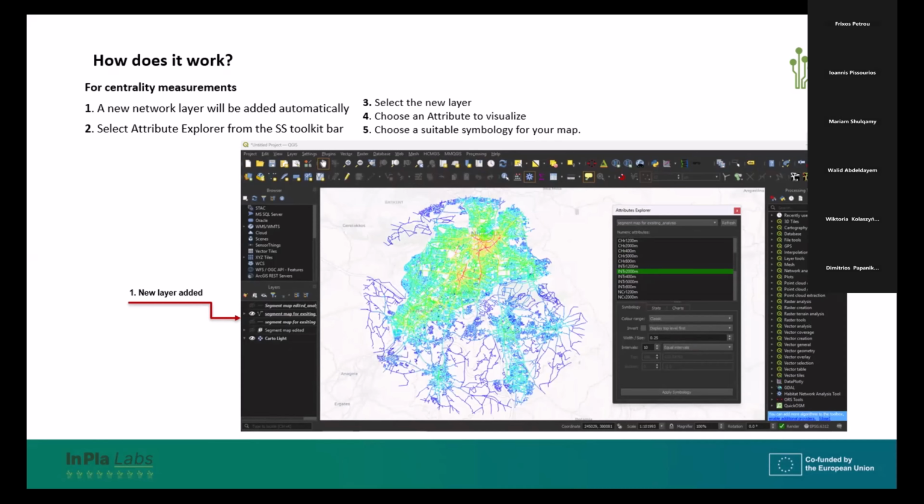They have put in already some of the symbologies that are embedded in QGIS. You can easily visualize. When you click this one, you will have this new window, and then you select the new network layer.